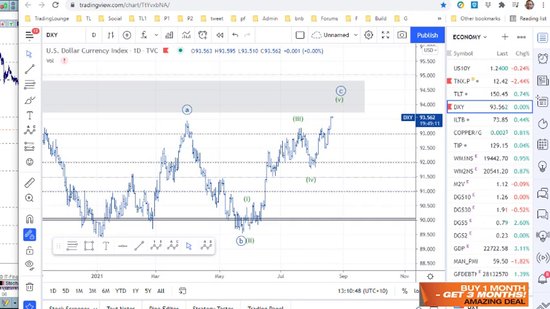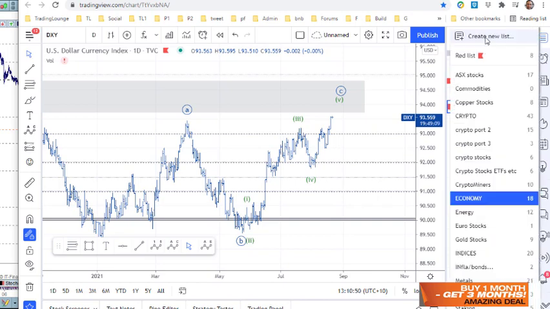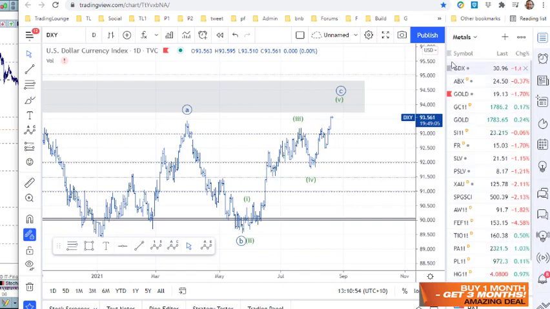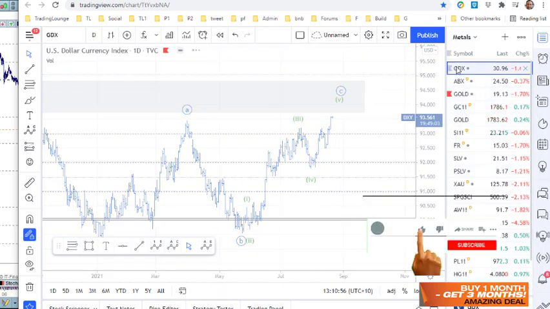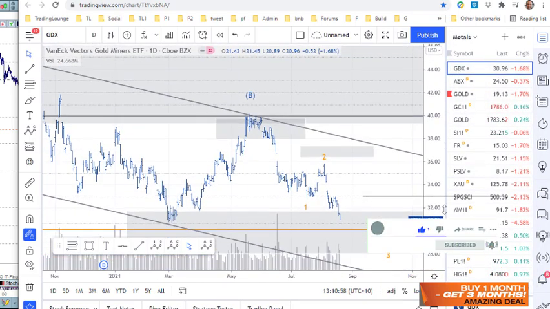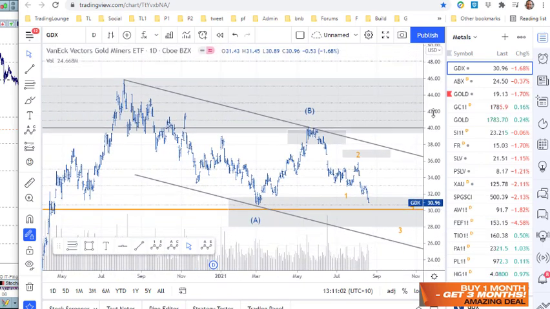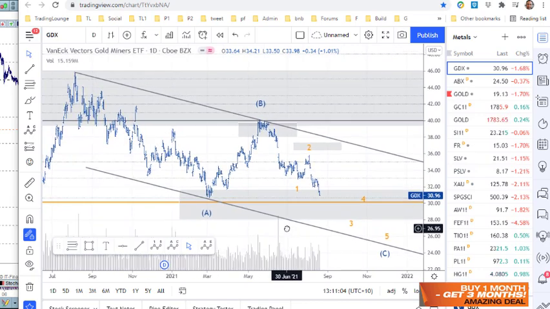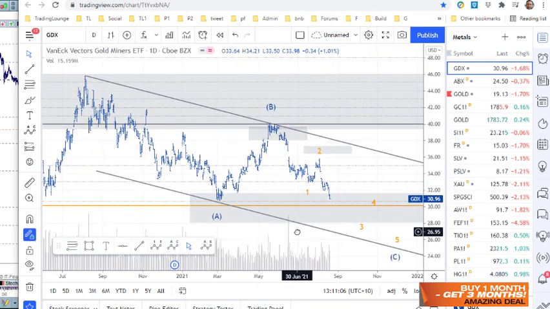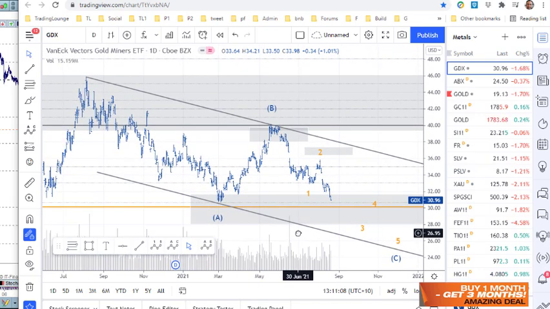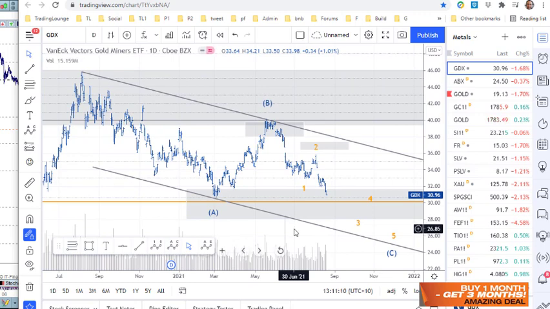I just wanted to have a look at GDX here. So with GDX, basically resource stocks are falling out of bed, even though it's a gold stock. So gold's going up and the stock is going down. Gold stocks are going down because they're being pulled around by the general market, because they're part of that as well.